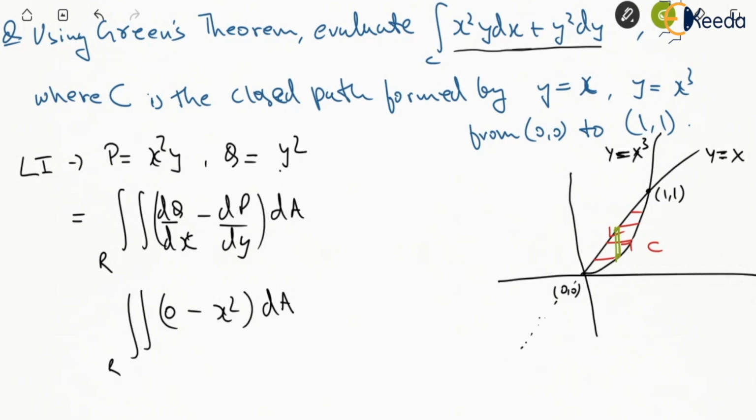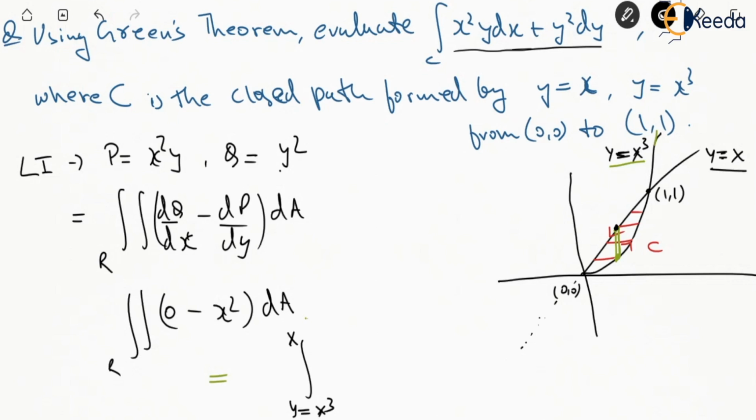We can clearly see the starting point or the lower limit of this rectangular element lies on this line, y equal to x cube. This is the curve. So the lower limit is x cube, and the upper limit is on this line. This line is y is equal to x, so it is x.